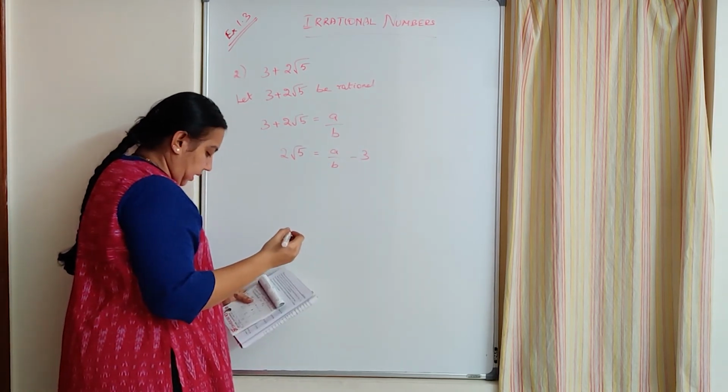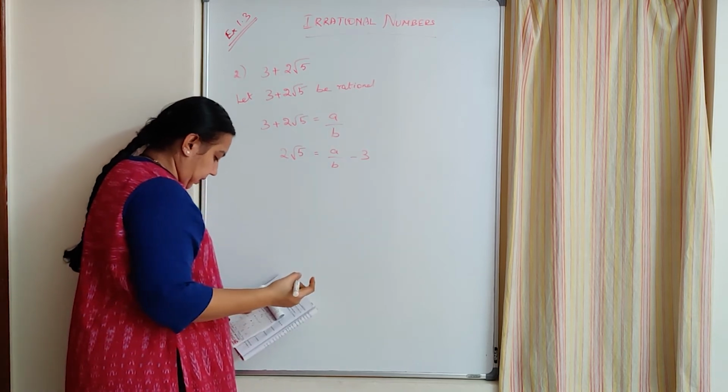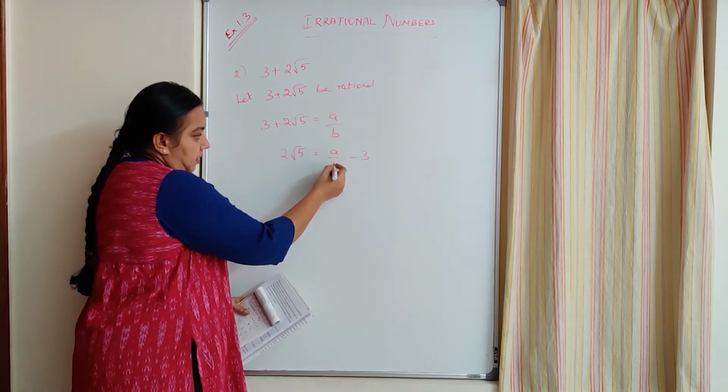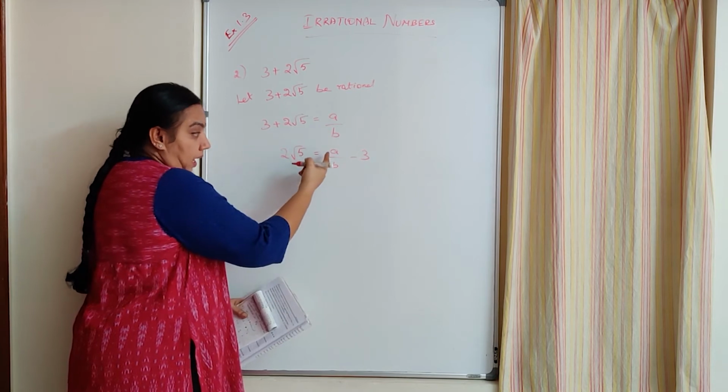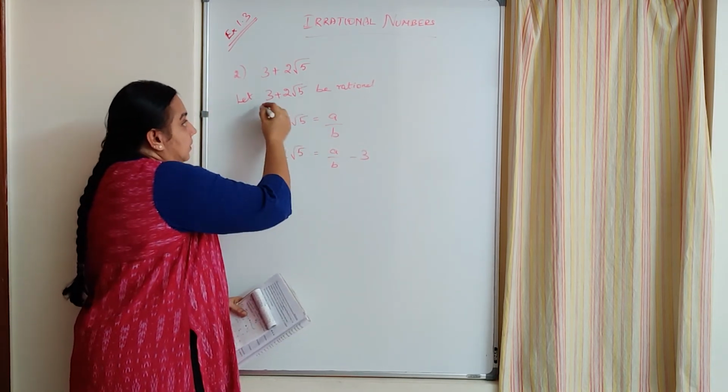And a and b are integers, right? And they are rational also. This a and b are integers, and we know it's a rational number.